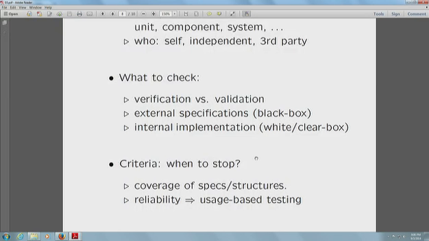So with reliability, to improve my reliability, I need to know how my system is used. And when I know how my system is used, I can test accordingly. That is usage-based testing. When the system I test reaches the reliability level that is the expectation of my customers, then I can release my product.